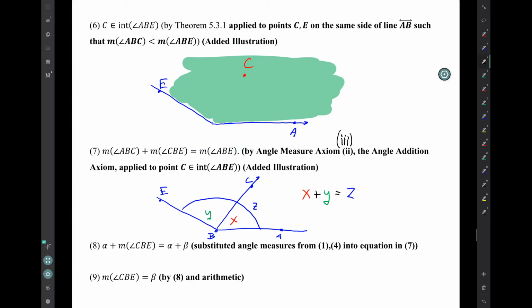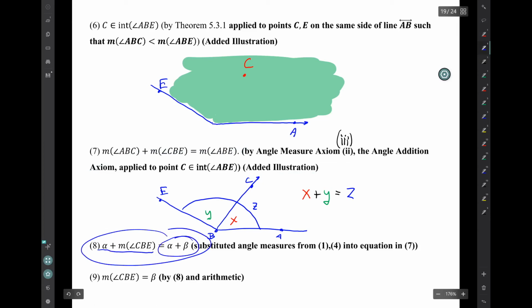Now I can therefore get this equation, alpha plus the measure of that angle equals this number. Now I just simply substituted in angle measures from statement 1 and statement 4 into equation 7. So in statement 1 we said that the measure of angle ABC is alpha.